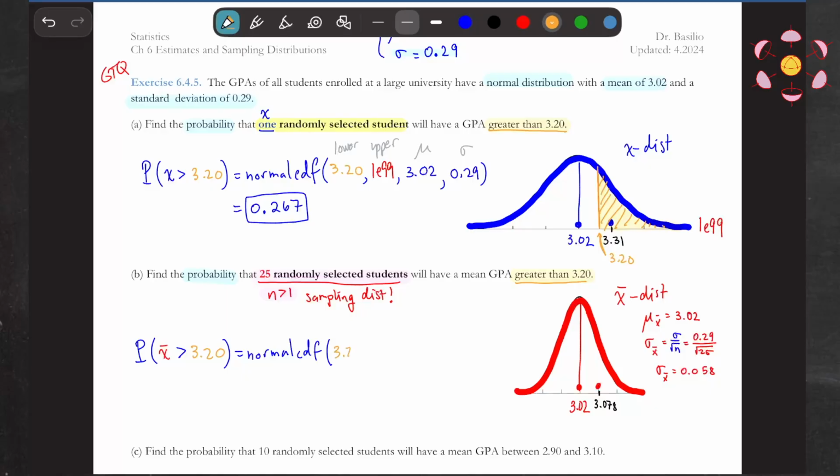Lower value 3.20, upper value 1E99. Okay, so just like last time, because it doesn't really give us an upper value. Okay, then what do we do? Well, here is where we've got a difference. We've got lower, upper are the same, but when we enter the mean, we have to enter the mean of X bar and the sigma of X bar.